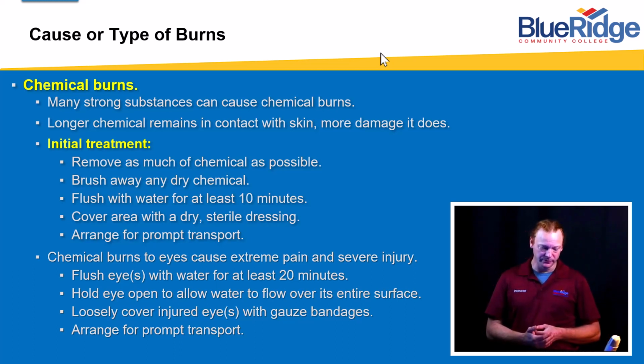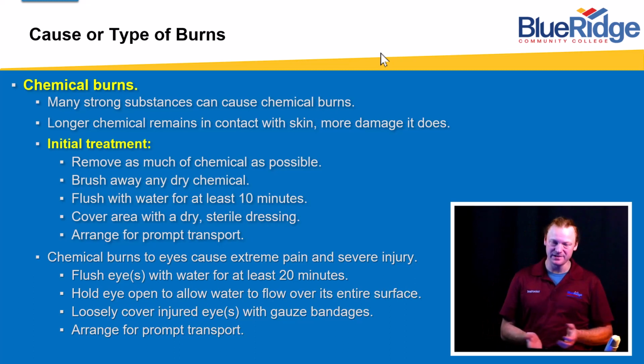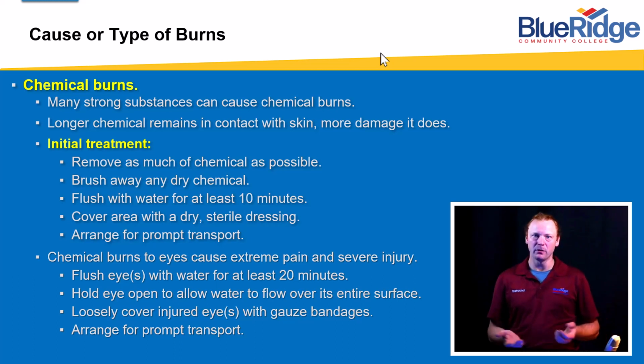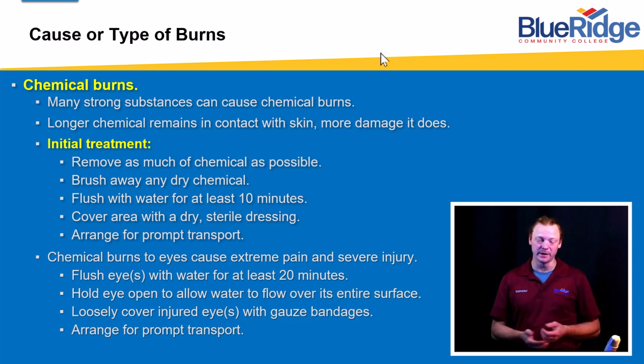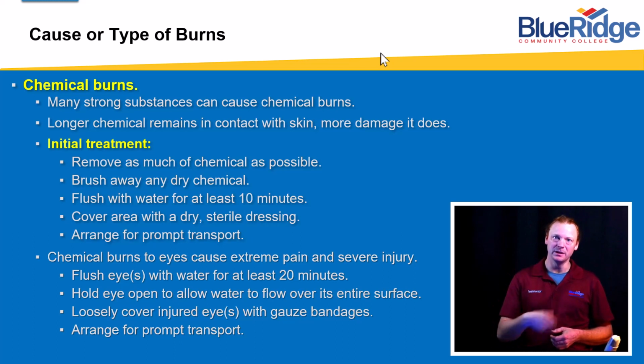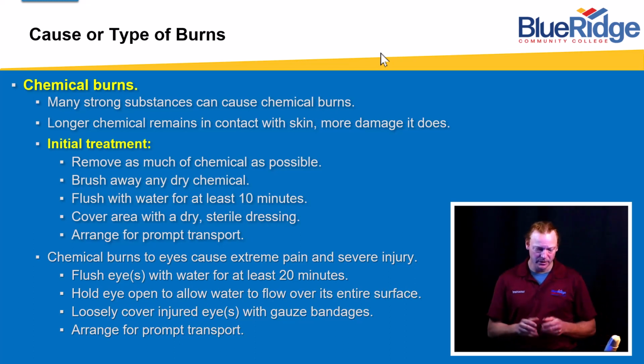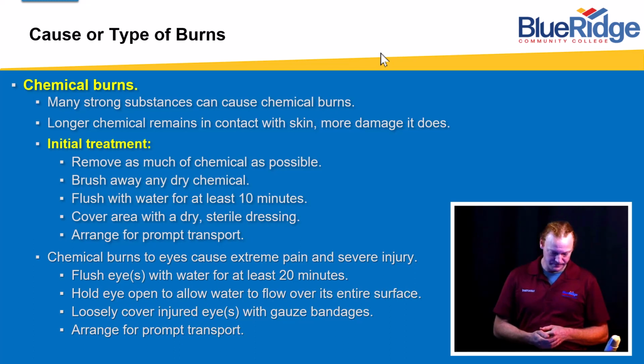But you can also flush with water for at least 10 minutes. And when it says flush with water, it's a large volume of water, not just a trickle. Just in case that chemical does react with water, it needs to be a copious amount of water to flush. And then after that, we're going to cover it with dry, sterile dressing and transport the patient.